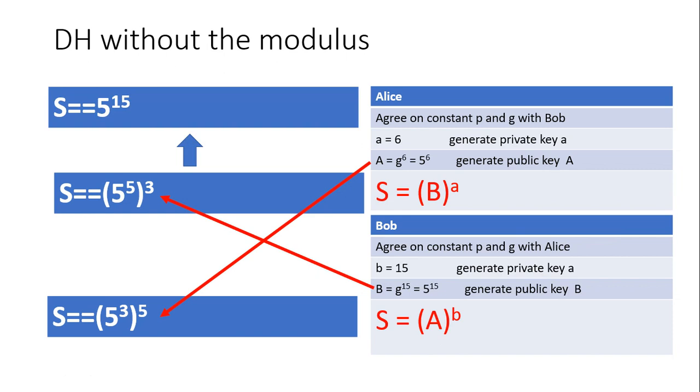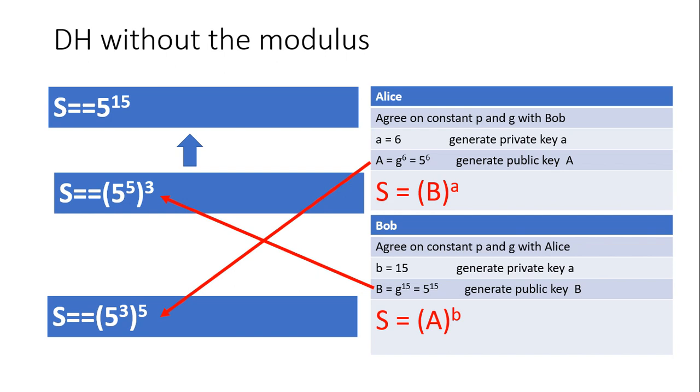So the shared key will be 5 to the power of 15. Through the help of exponents, we get the shared key. I hope you have a better appreciation of that right now.